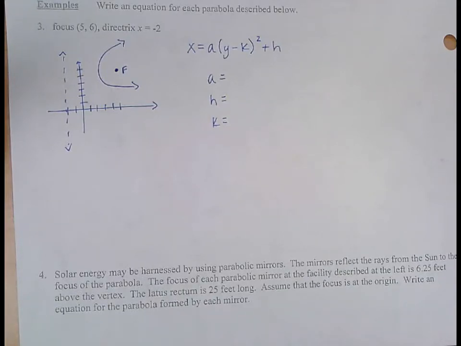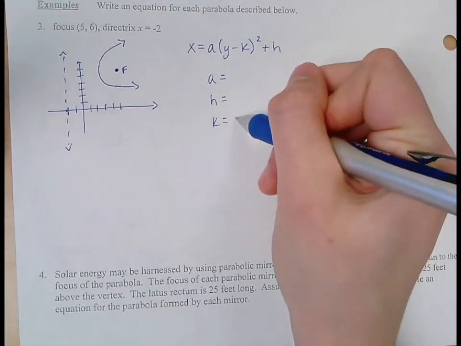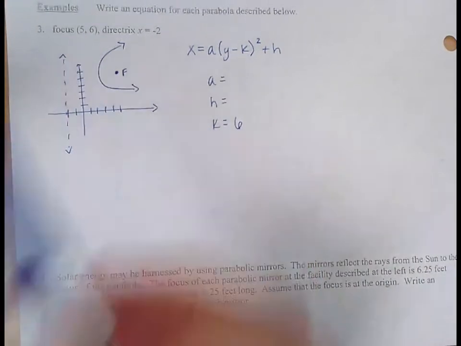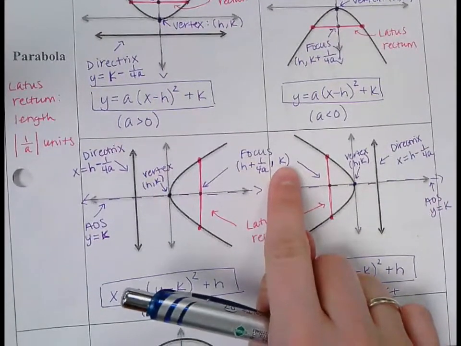Looking at your formulas for the focus and the directrix, are there any of those 3 values that we know? Which one? K? What is K? 6. K is 6. Okay, so in your focus, if the parabola opens to the right, the y value of the focus is the k value.